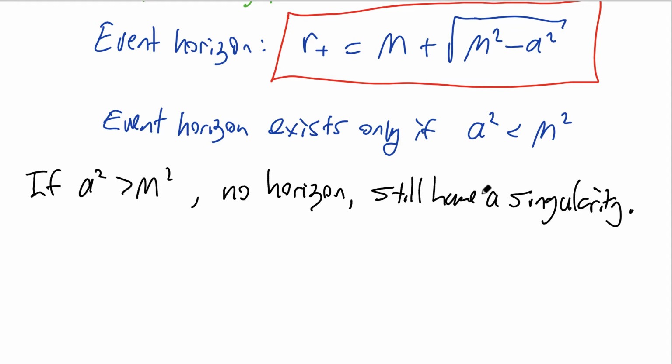So in this case, the singularity is not hidden behind an event horizon, and it could in principle be seen by observers out near infinity. This is referred to as a naked singularity. I'll have more to say about naked singularities in a few minutes.